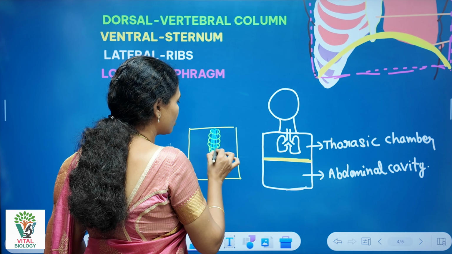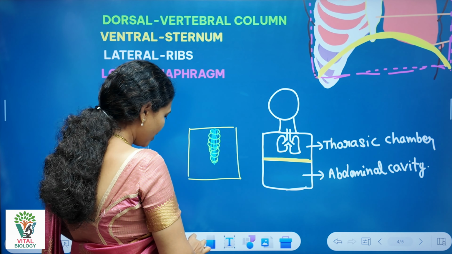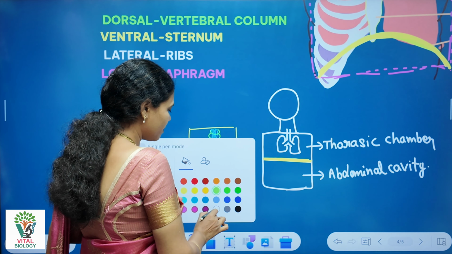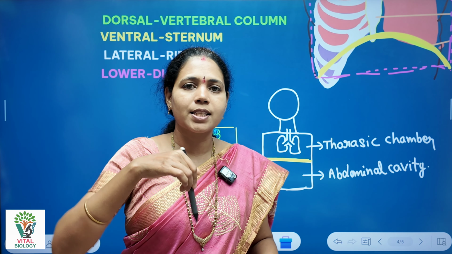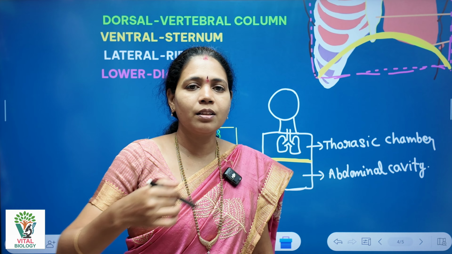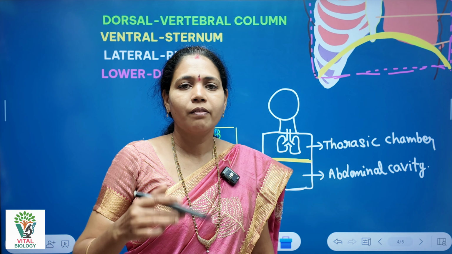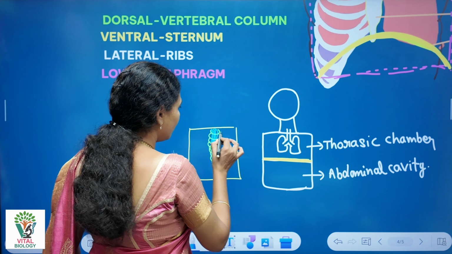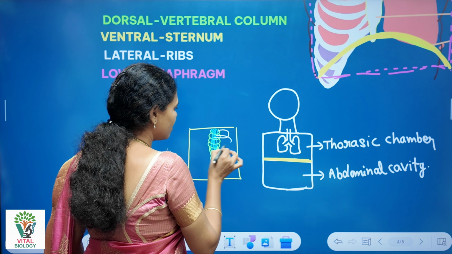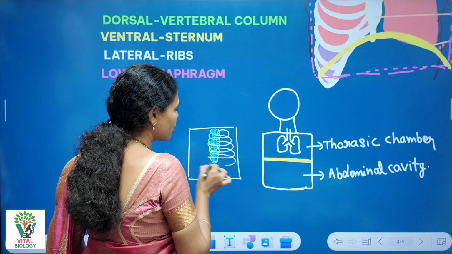From the dorsal vertebral column towards our sternum, the lateral positions are occupied by various bones which are called the ribs. So like this, ribs are present.